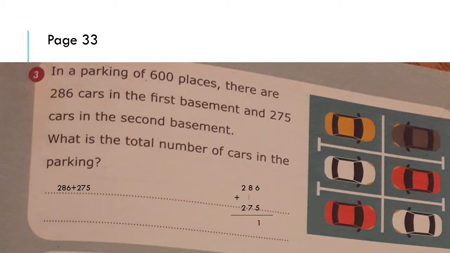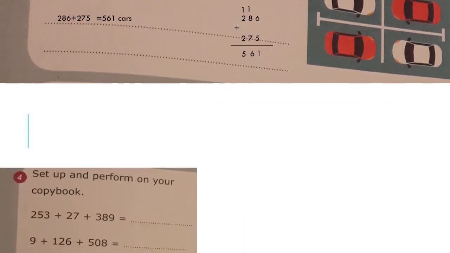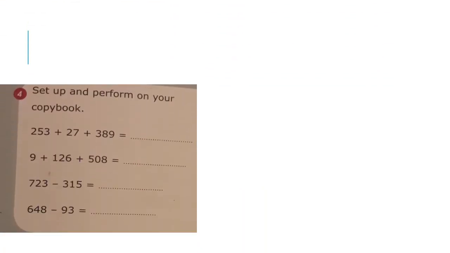I write 1 down, give 1 to the tens. 8 plus 1, 9, 9 plus 7, 10, 11, 12, 13, 14, 15, 16. Write 6 down and give 1 to the hundreds. 2 plus 1, 3, 3 plus 2, 5, 561 cars.